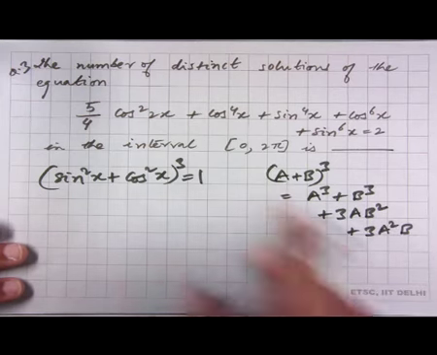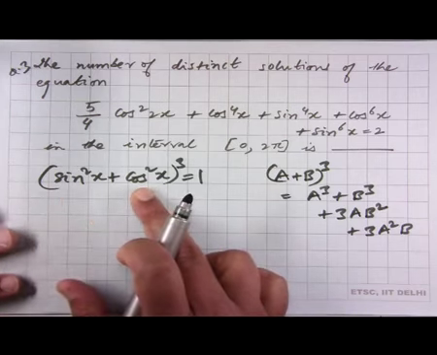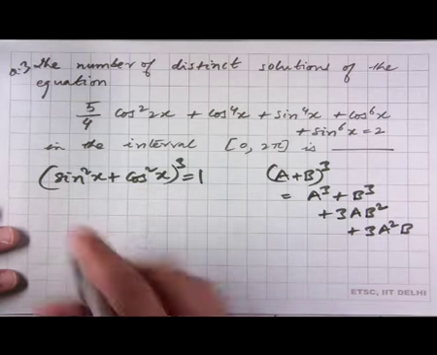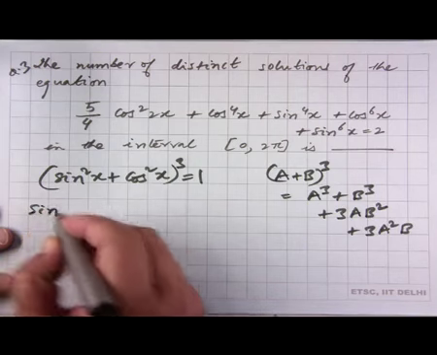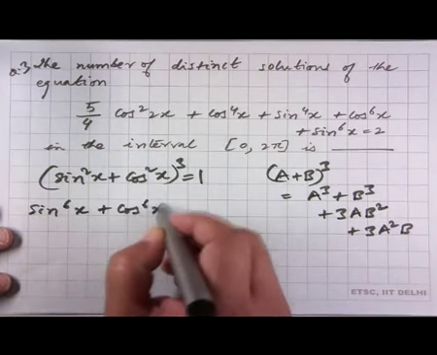So, if we use this formula here with a equal to sine square x and b equal to cos square x, what we get on the left hand side is sine 6x plus cos 6x.